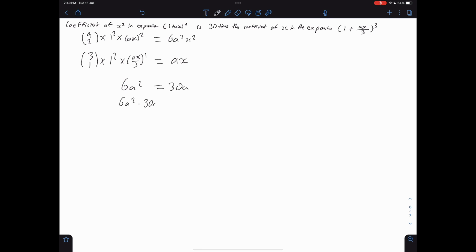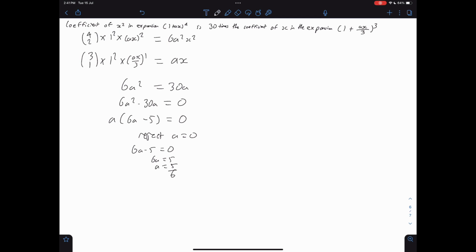Then we can just remove the x and x squared to get the coefficients times a by 30. 6a squared equals 30a, so 6a squared minus 30a equals 0. Factorise that. a can't be 0, so that means 6a minus 5 equals 0, 6a equals 5, and a equals 5/6.